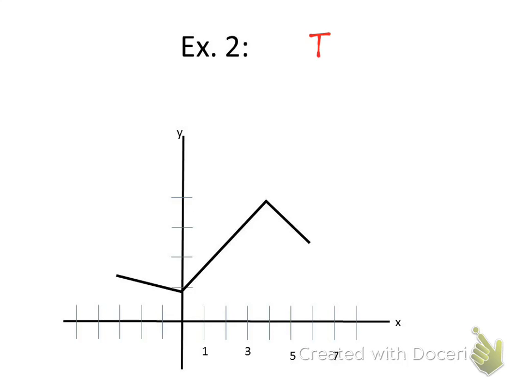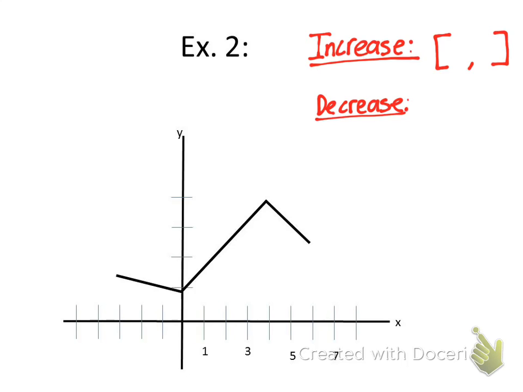So I'd write down increase, and I said 1 answer for increase, so get that all set up. And for decrease, I said there are 2 answers, so I got that set up. Just getting my answer section ready.